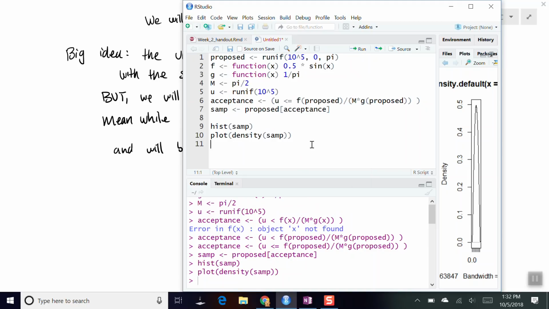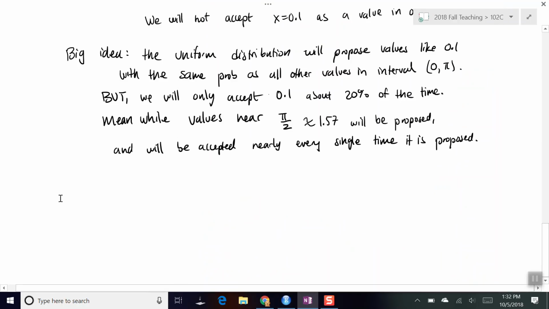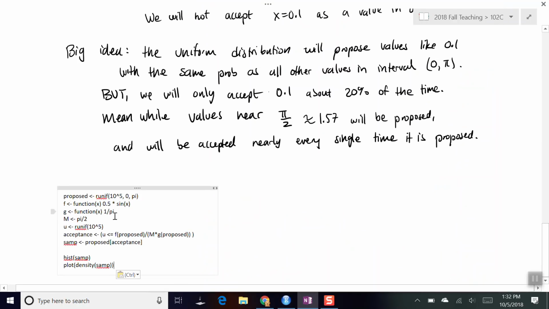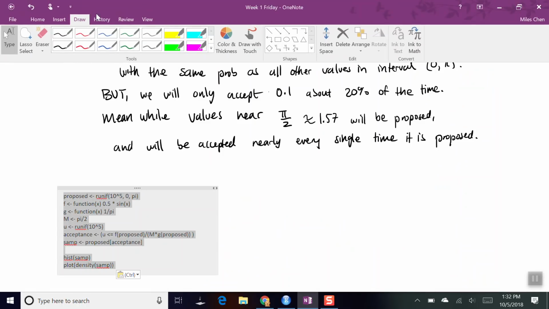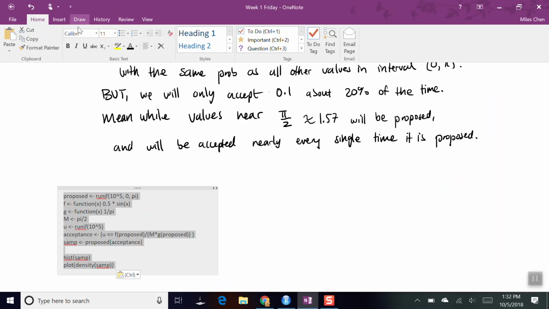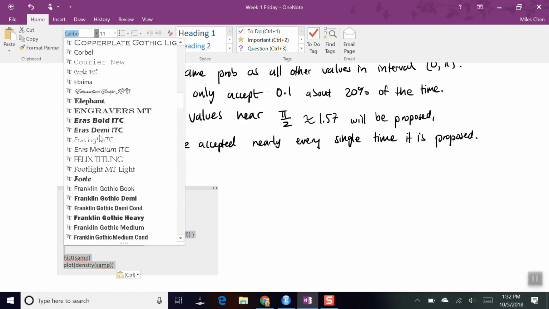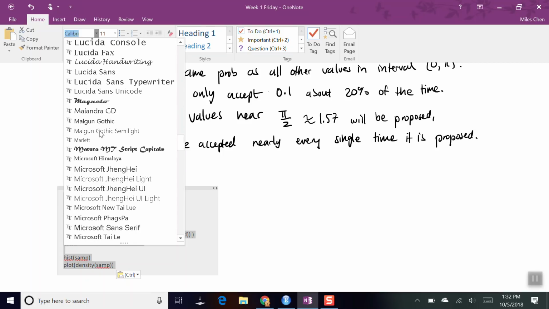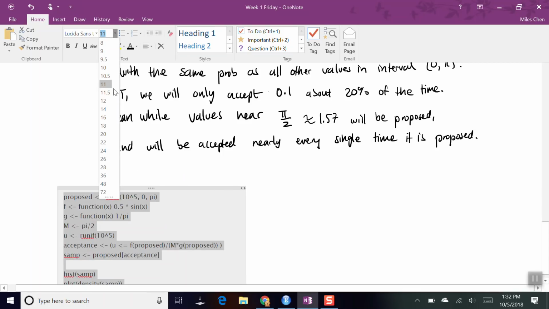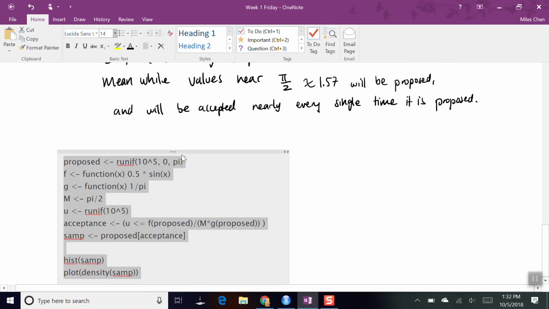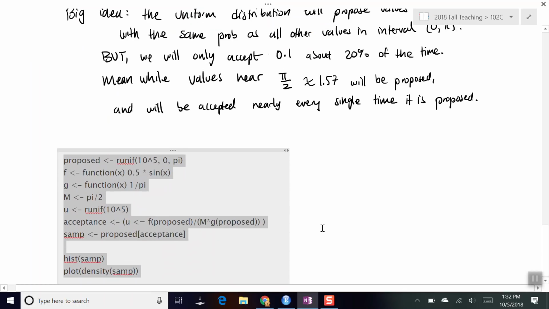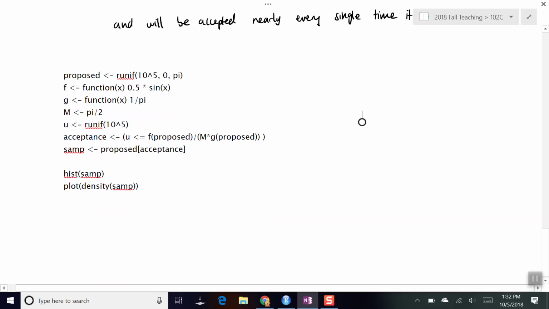Is that okay? Let's see. Can I copy and paste this here? How do I, how many fonts do I have? All right, let's do this. Okay, so that'll do it, okay?